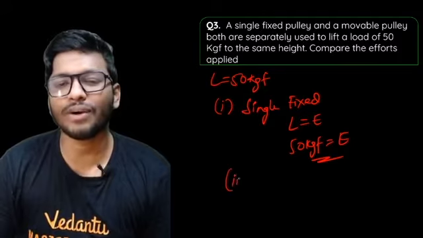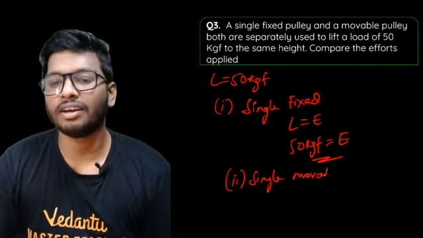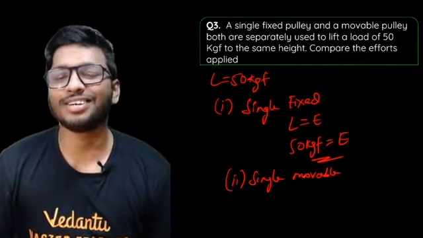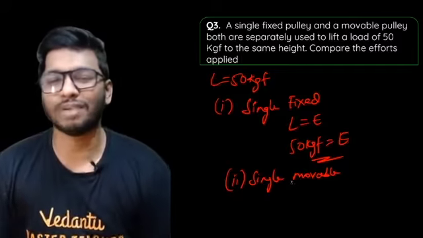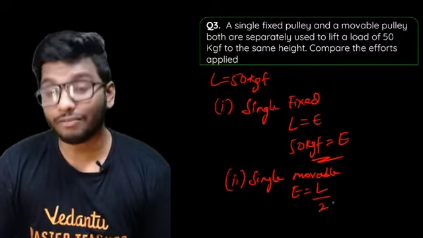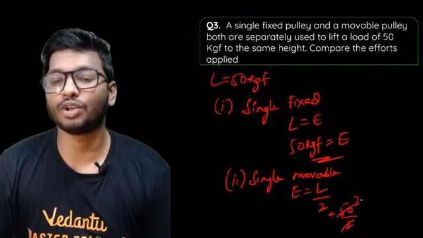Moving on to the second part of the question, if you talk about a single movable pulley over here. I'm sorry about my handwriting, guys. I know you have probably seen better handwriting, but yeah. So in this case, it's a force multiplier. So the effort is equal to half of the load. So load in this case is 50 divided by 2, which gives you 25.